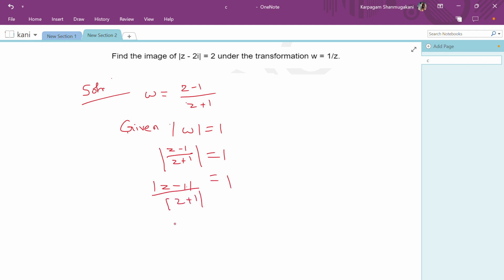Then cross multiplication: modulus of Z minus 1 equal to modulus of Z plus 1.